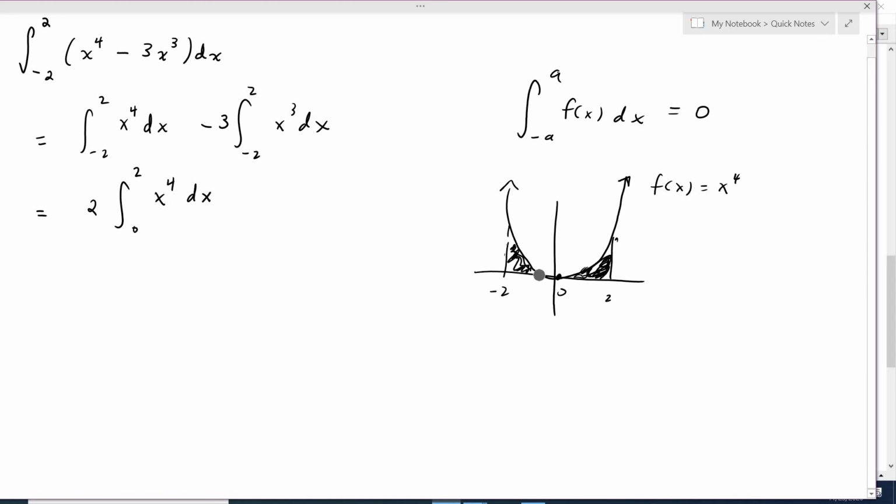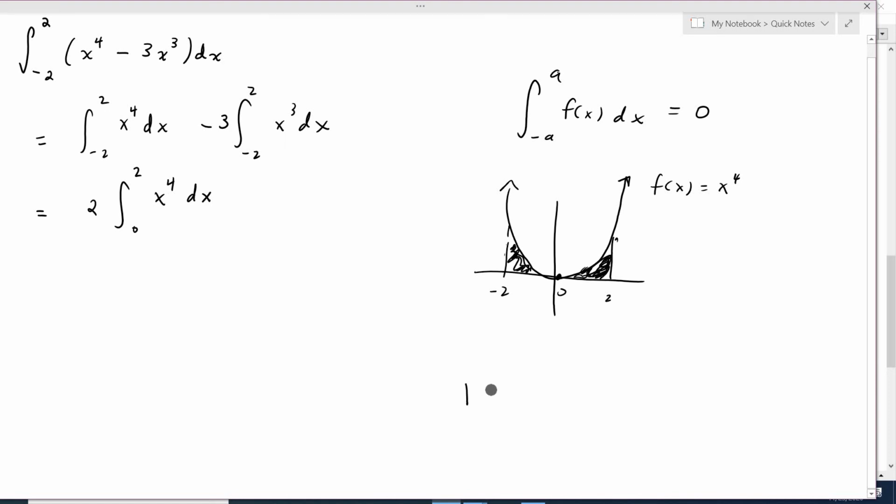Okay, so notice x to the fourth is continuous on this closed interval from 0 to 2. So by the fundamental theorem of calculus, all we need to do to evaluate this definite integral is to find any antiderivative of x to the fourth. And then we're going to evaluate that definite integral at the upper limit and then subtract what we get when we evaluate it at the lower limit.